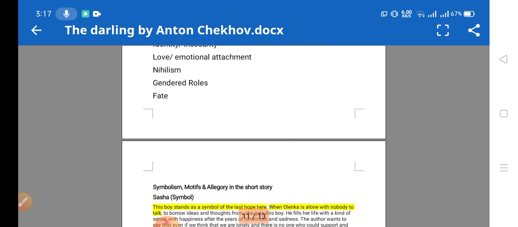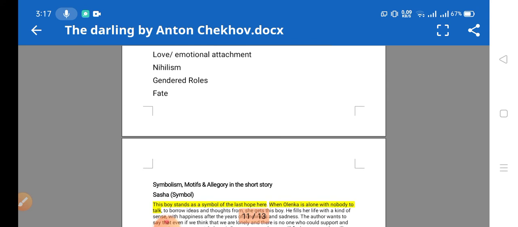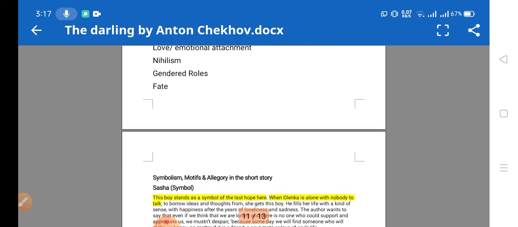Nihilism. Nihilism means nothingness or no meaning of life. Without a man, she has got no meaning in her life, having no purpose and no opinions of her own. And she felt lonely. Gender roles have also been discussed in this short story.